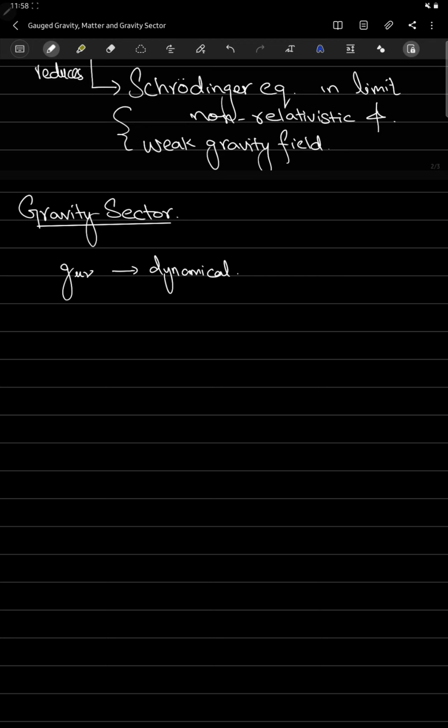So I'm going to start by considering an example with the vector field v mu of x. And we know that this vector field transforms as v mu prime of x prime is equal to some transformation matrix j mu nu of x times the vector field v nu of x.